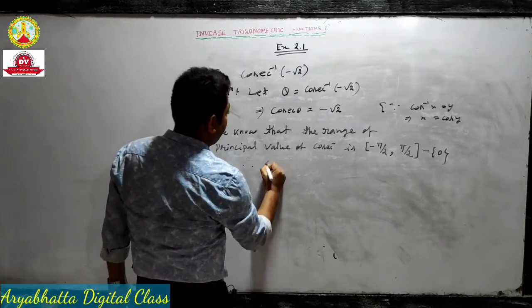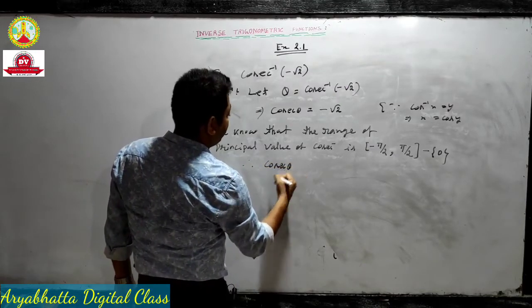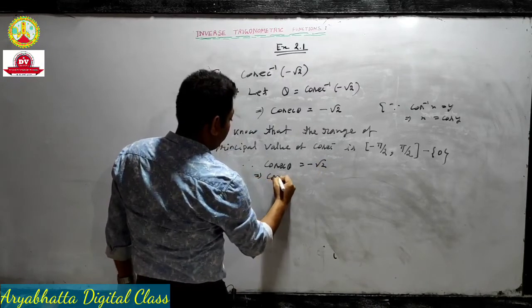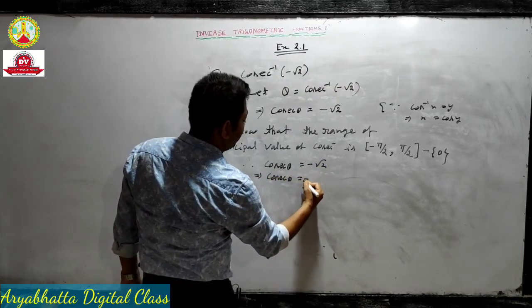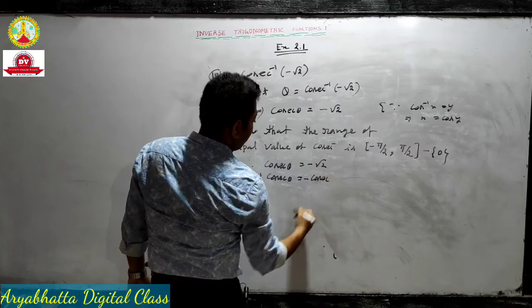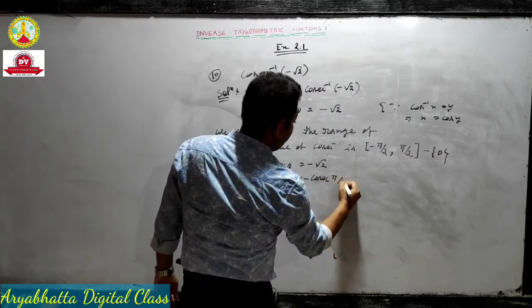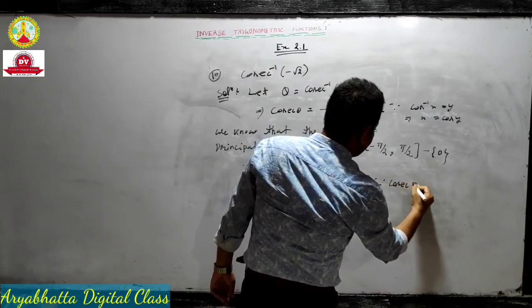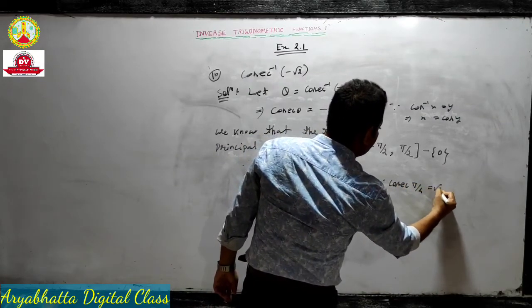Therefore, cosec theta equal to minus root 2. This gives cosec theta is equal to minus cosec pi by 4, since cosec pi by 4 equal to root 2.